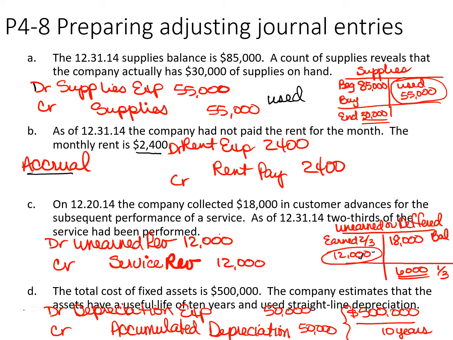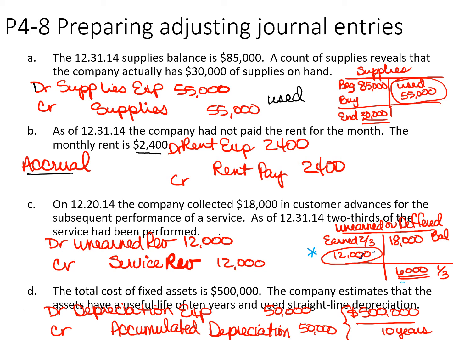As far as earning 2/3 of the services, if we have a balance of 18,000 and we've earned 2/3 of it, that's $12,000. So I'm going to take $12,000 out of the unearned revenue account and instead increase my revenue by $12,000, or 2/3 of the unearned.